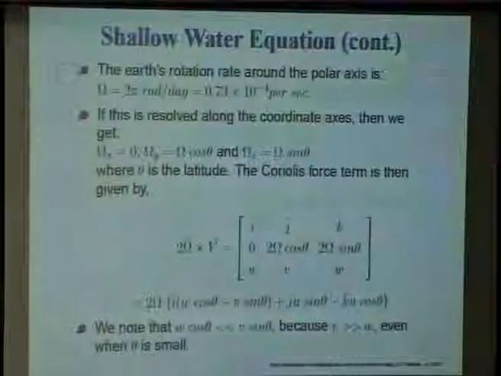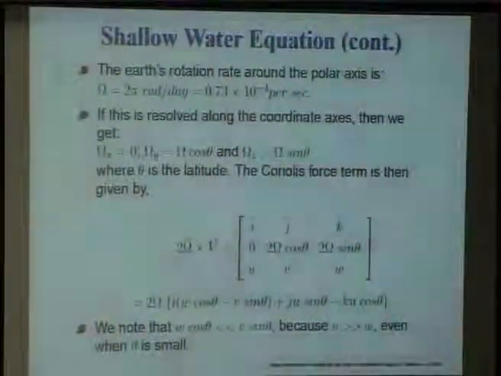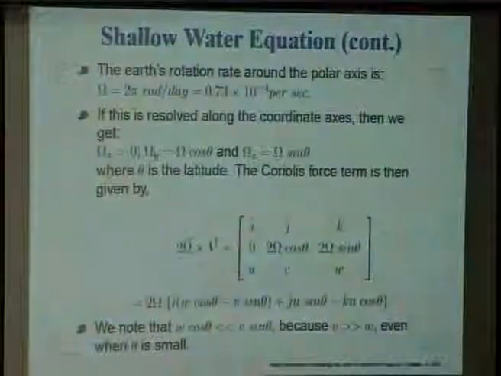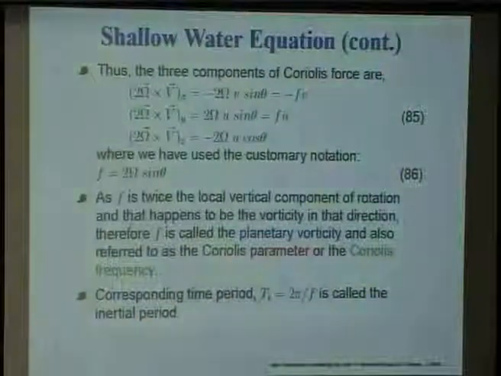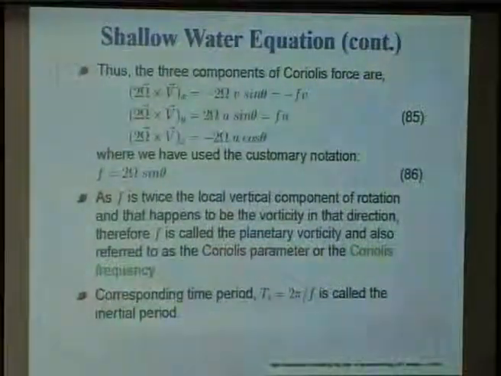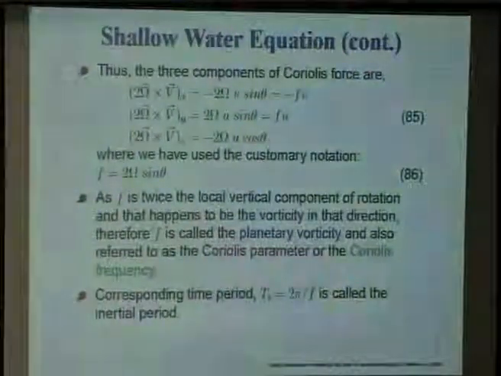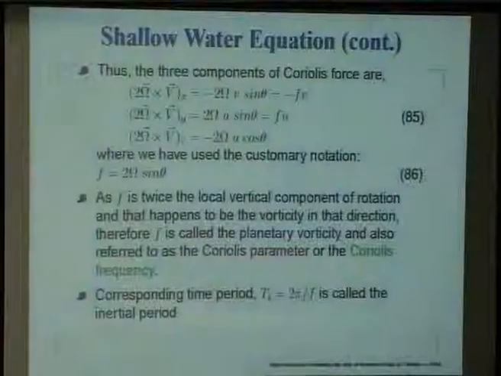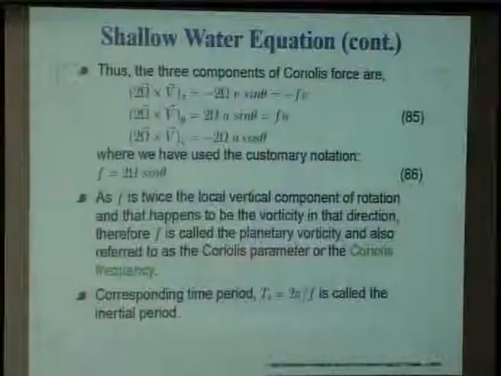Except at the equator, this observation should remain valid everywhere. So, we can write out these 3 components of Coriolis force, and the x component is 2 omega sin theta v. We write 2 omega sin theta as f.